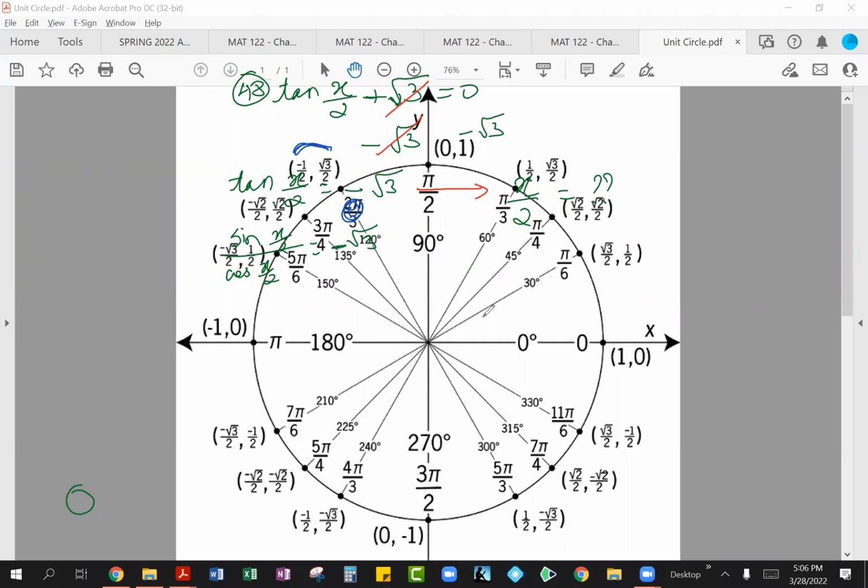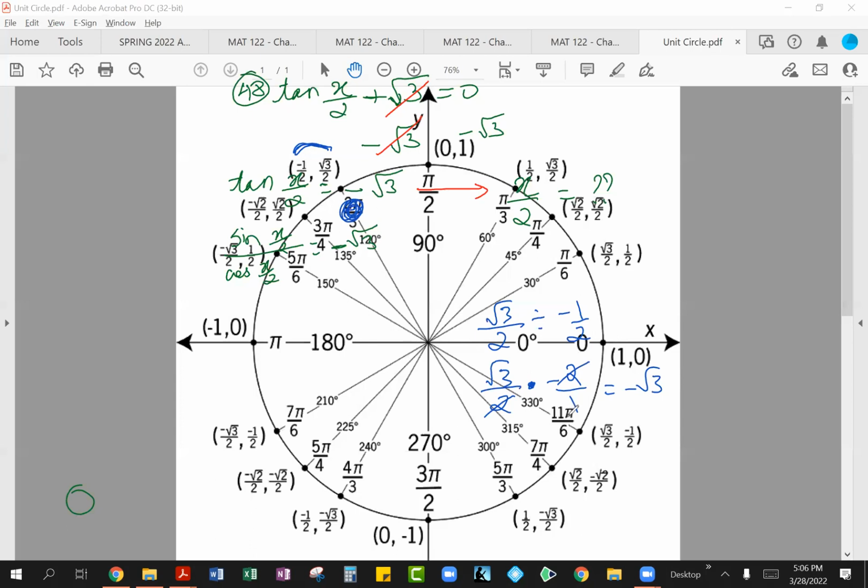So we end up doing square root of 3 halves, divide that by negative 1 half. Now I'm just going to use algebra to help out. Keep the first fraction the same, change multiplication to division and invert the second fraction. So 2 will cancel out, leaving us with negative square root of 3. So this angle works. And then which one did you have?